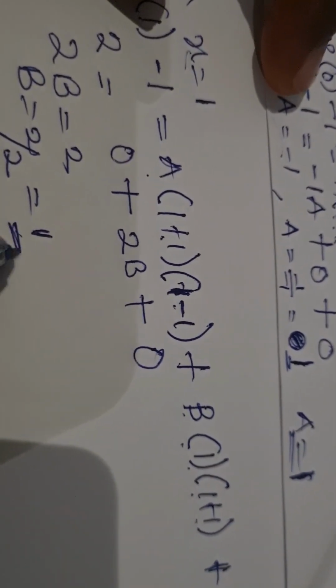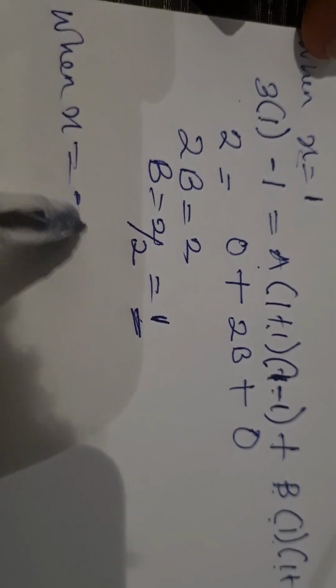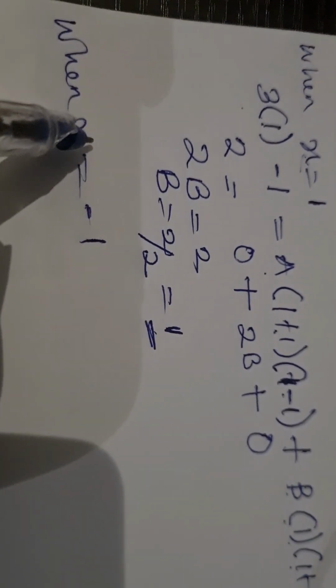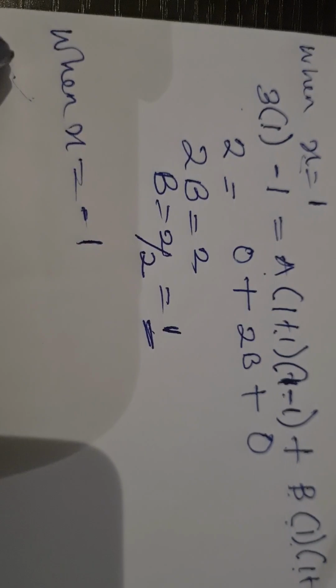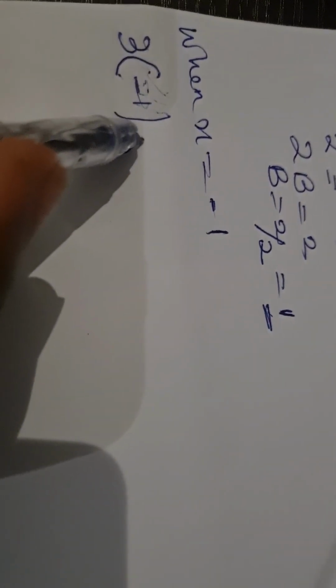Are you with me? So for c, when x is equal to minus 1, I'm still going to do the same thing. I'm going to substitute for x. So I have 3 into minus 1, right?